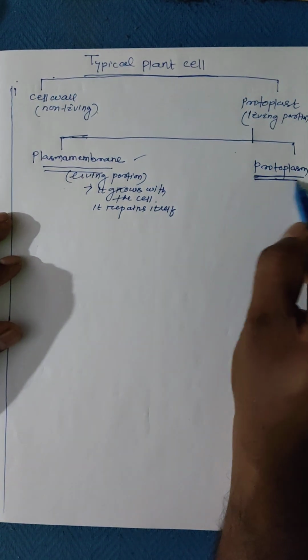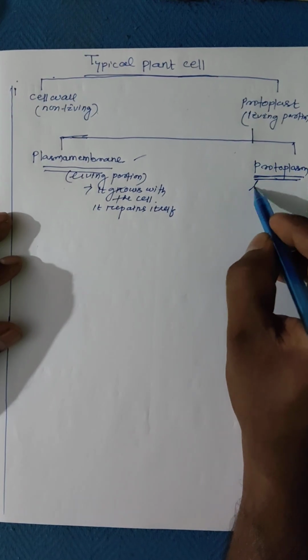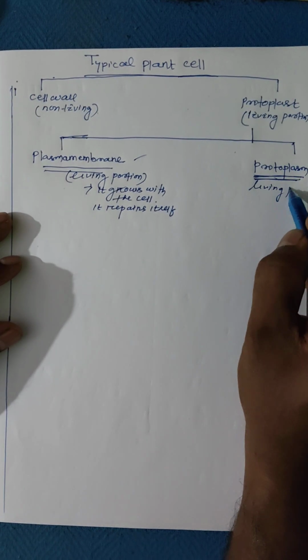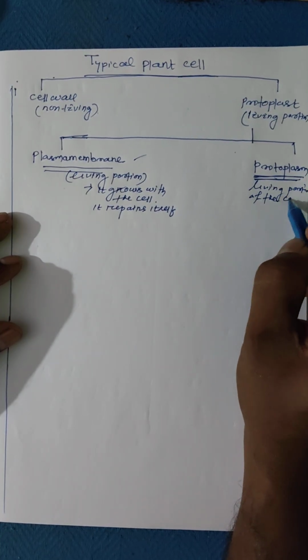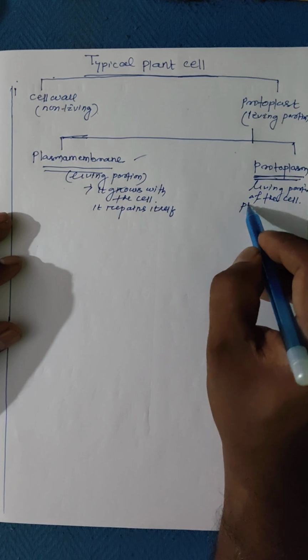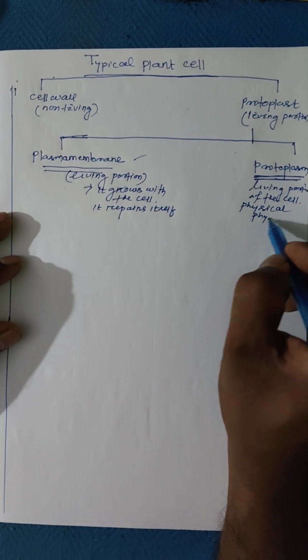And next, this portion is the protoplasm. The protoplasm is also the living portion of the cell. Protoplasm is called the physical basis of life.